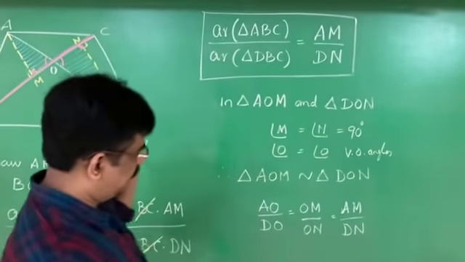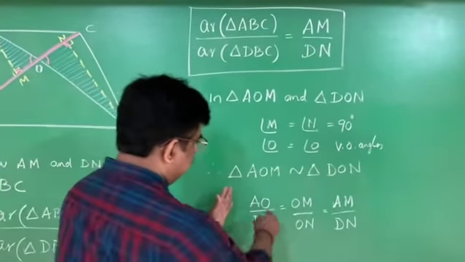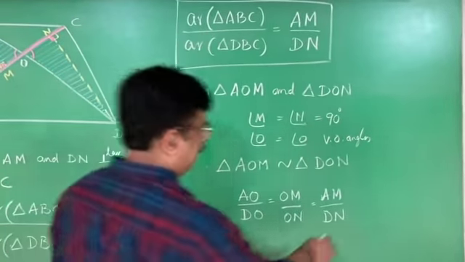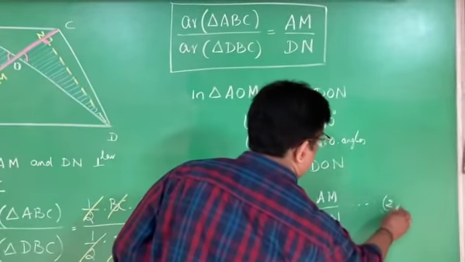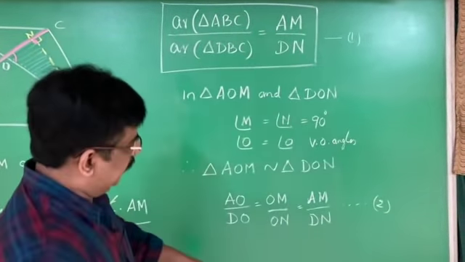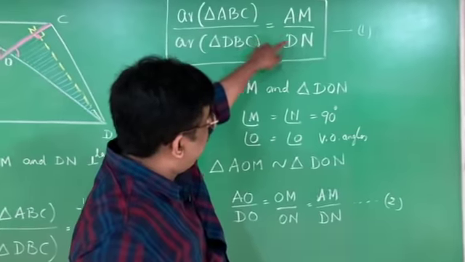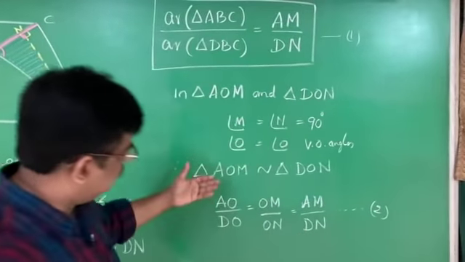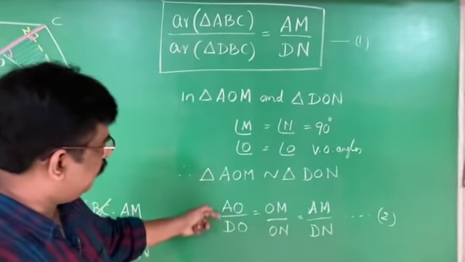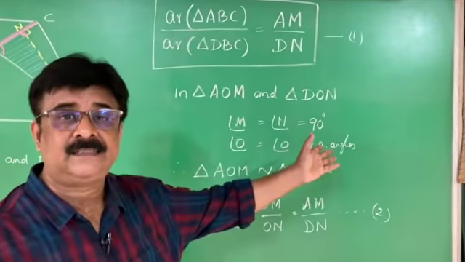Now see below. These ratios are equal. If I name this as 2 and this as 1, in the place of AM by DN, I can replace anything. In the place of AM by DN, I can replace AO by DO because all of them are the same.